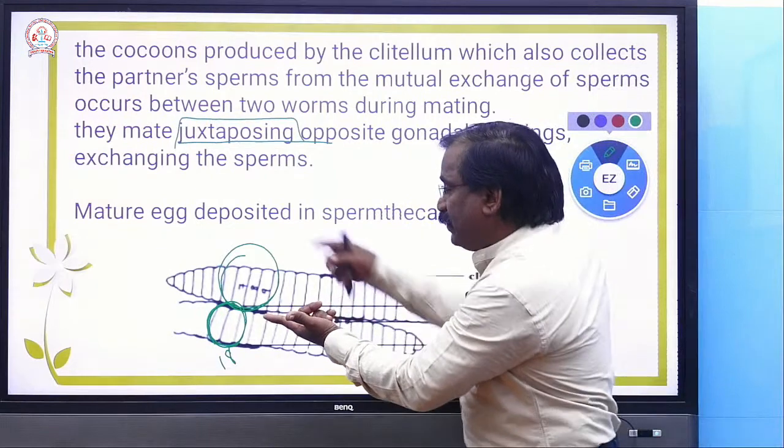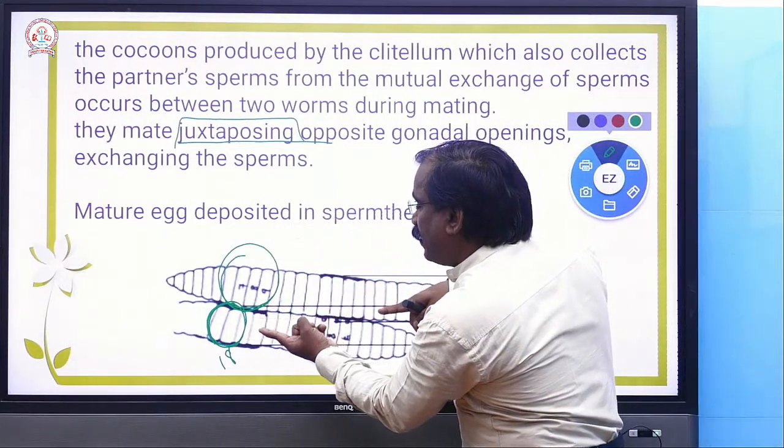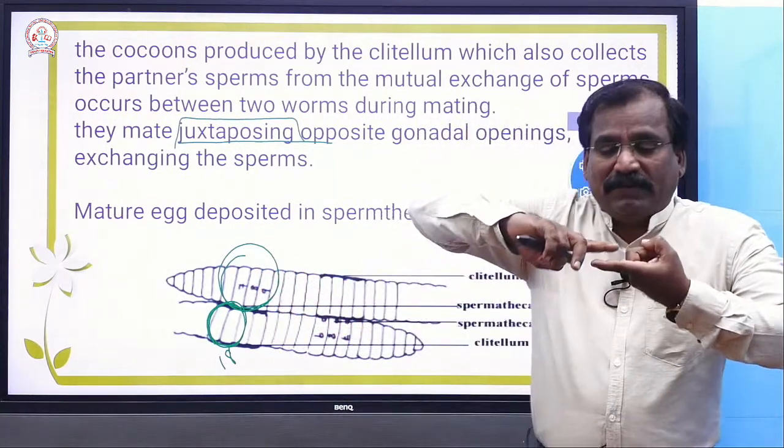The male genital aperture of this worm is exactly opposite to the spermathecal openings of the lower worm.